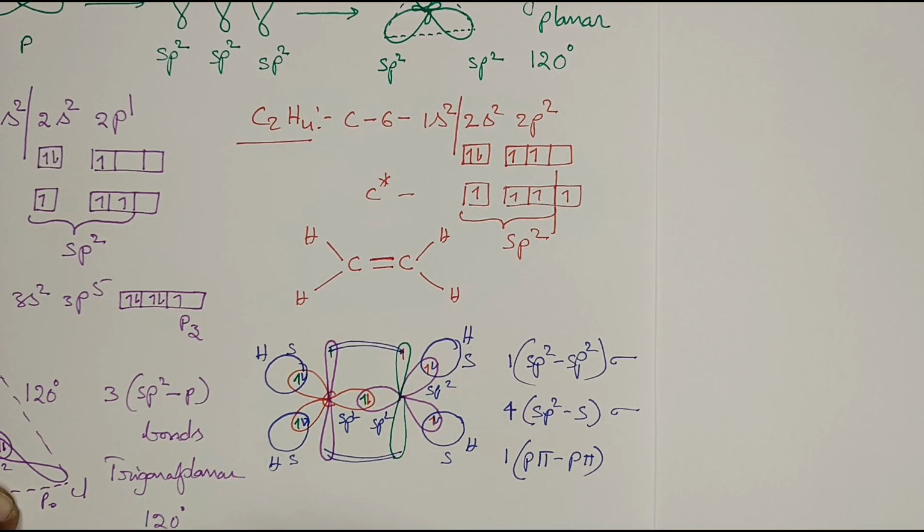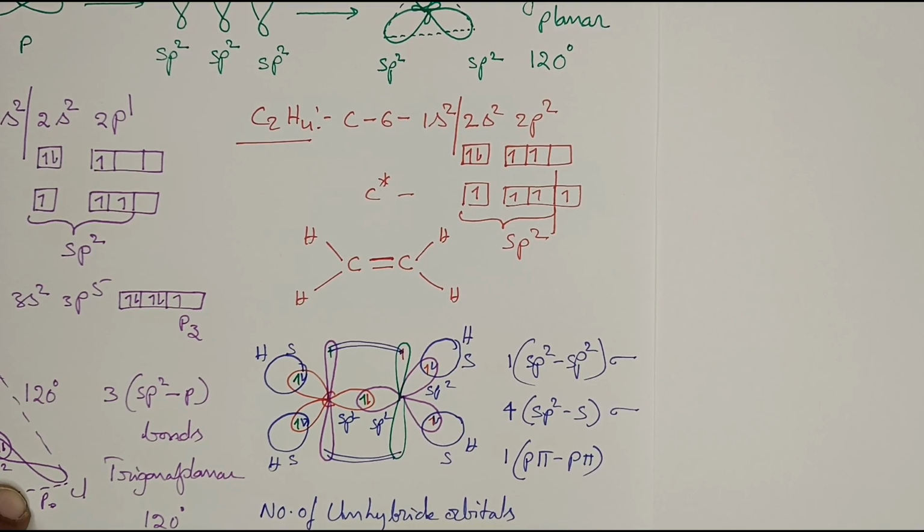So to calculate the number of unhybrid orbitals: the number of unhybrid orbitals equals the number of hydrogen atoms plus 2 into the number of pi bonds. The number of hydrogen atoms is 1, 2, 3, 4.